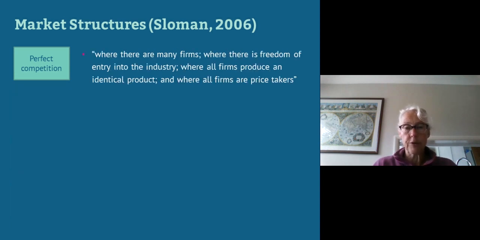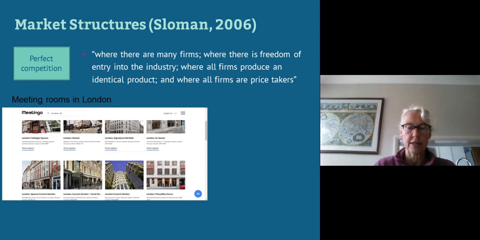So first of all, we'll look at perfect competition. So this is where we typically have many firms. It's quite easy to get into the industry, and the firms on the whole produce more or less an identical product. So this is where all the firms are price takers. They have limited choice about the price they set.